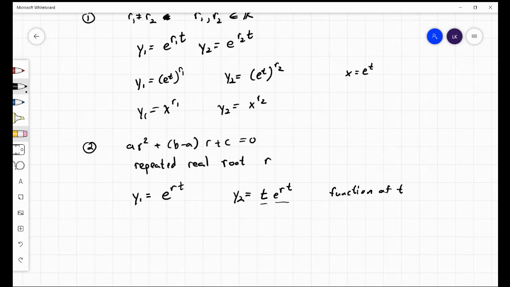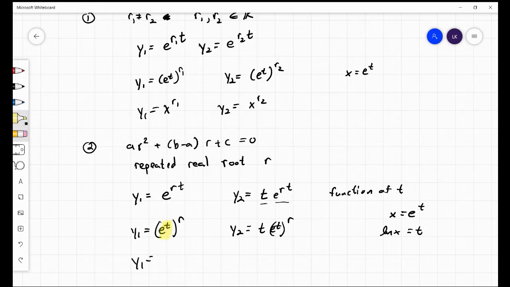This is again a function of t, but we want to write the fundamental solution set as a function of x. So we just use the fact that e to the t is x, but also that equivalently t is log of x. So we get y1 becomes x to the r, and y2, t becomes log x, so it's log x times x to the power r.